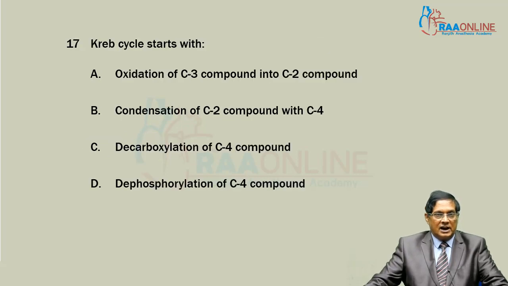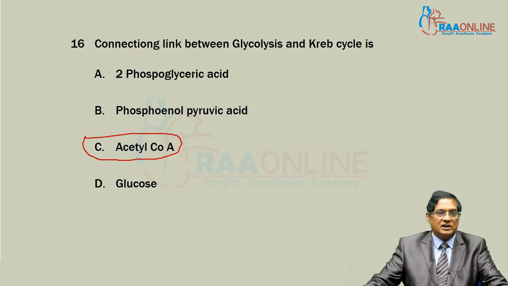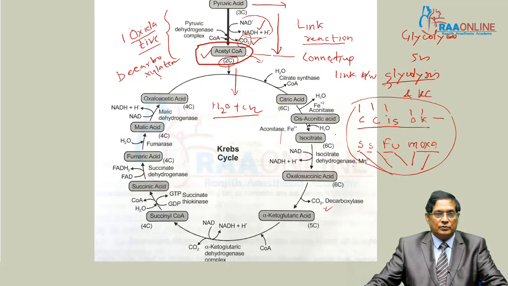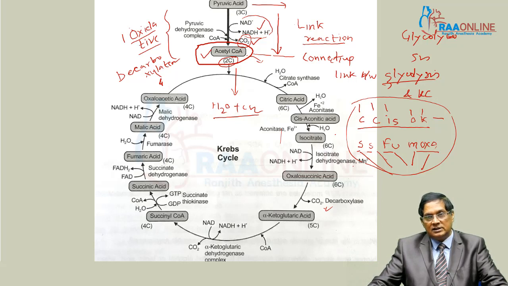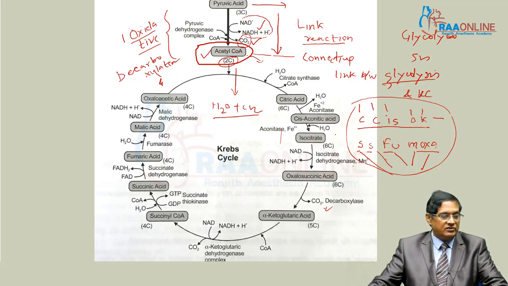Then the second one: Krebs cycle starts with, see this cycle again. This is a 4C compound, oxaloacetic acid, and it combines with acetyl coenzyme A to form citric acid. That is 4C plus 2C, formation of 6C, citric acid.